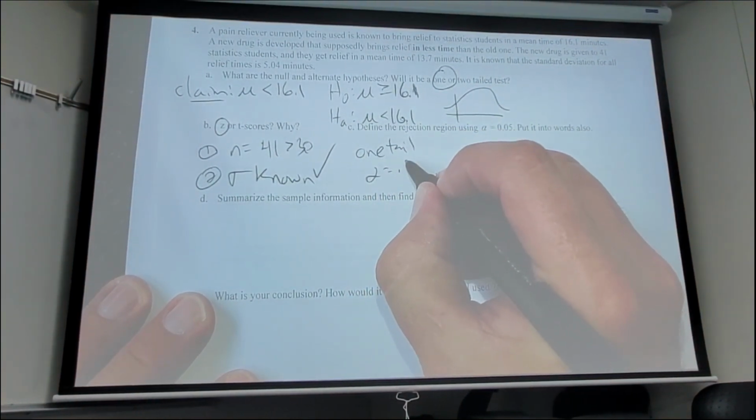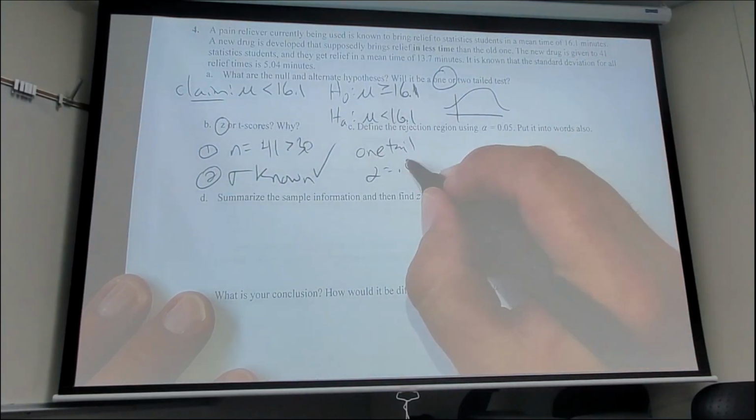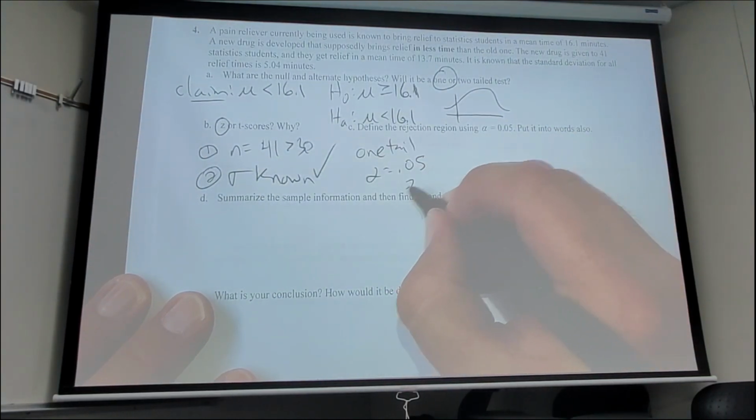Alpha is point... where'd it go? It's right here, 0.05. We can use z-scores.